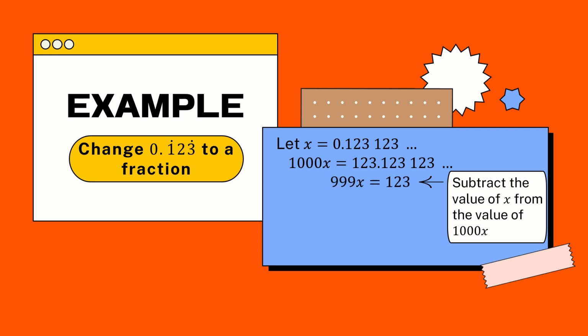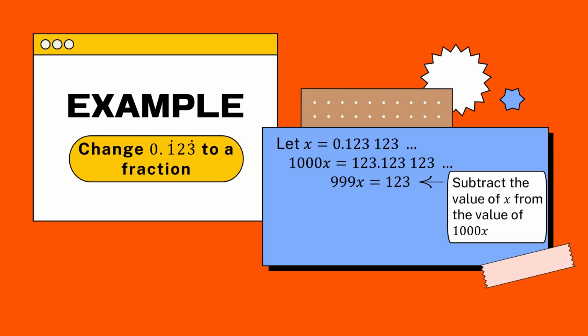So 1,000x minus x is 999x, and 123.123123 minus 0.123123 is 123.